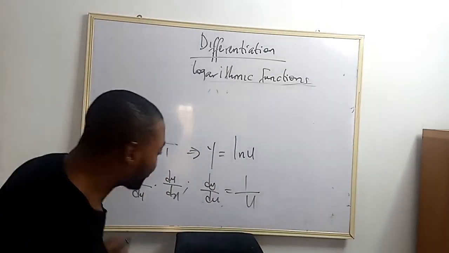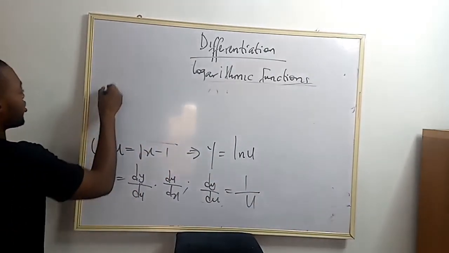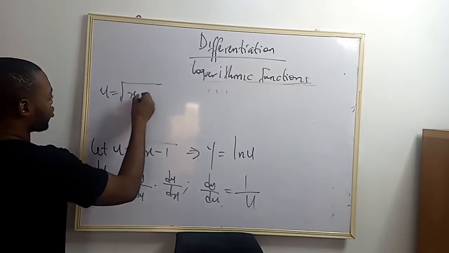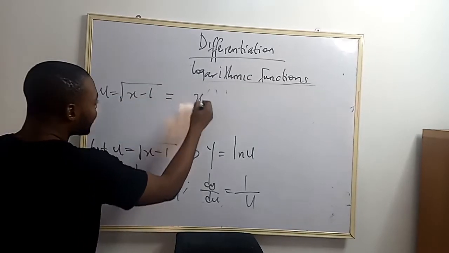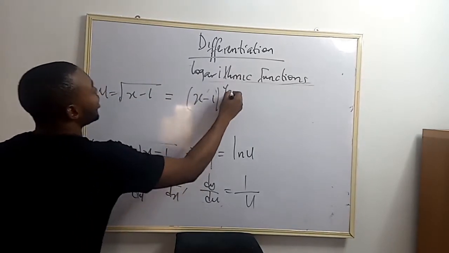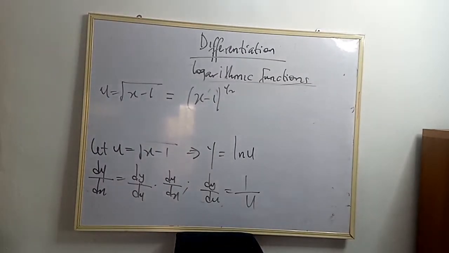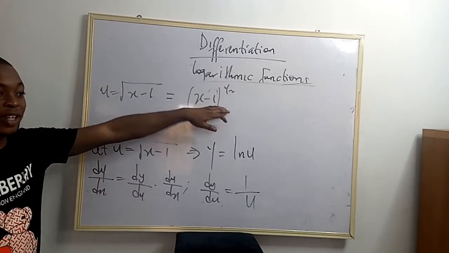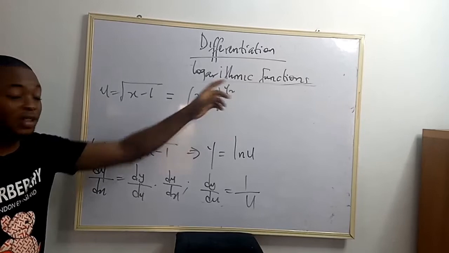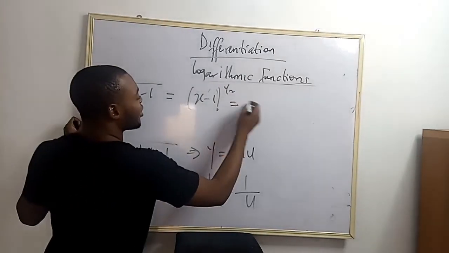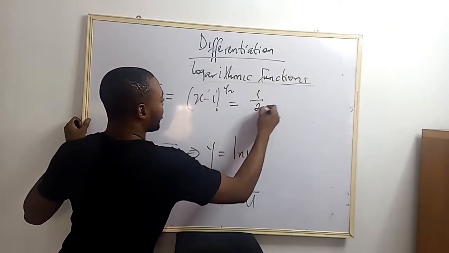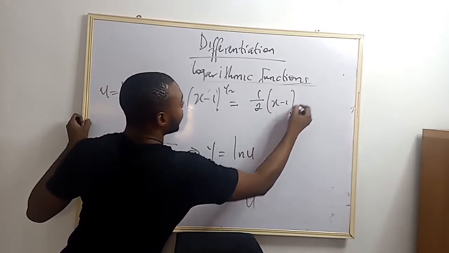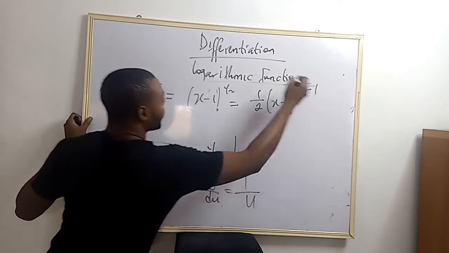The first thing that you have to know about this u, which is equal to square root of x minus 1, is that it's the same thing as x minus 1 raised to power what? Half, right? So then you can differentiate this as a polynomial function. Bring this half here, half into bracket x minus 1 raised to power half minus 1.